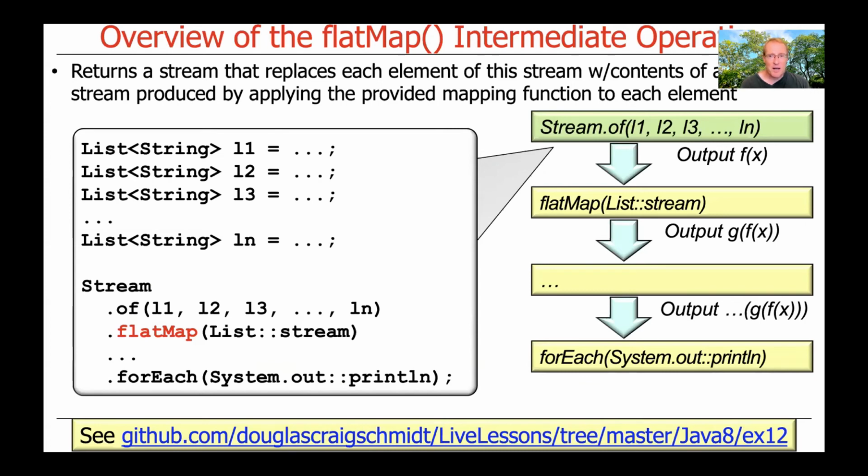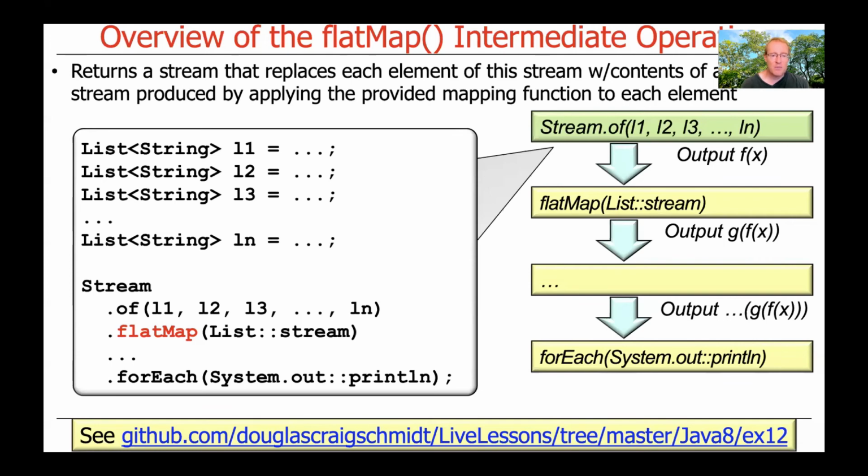Here's a very simple example that illustrates this point. You can find this in my EX12 folder in my GitHub repository. What this does is it bakes a bunch of different lists of strings, and each list of strings has a subset of the character names in Hamlet, just for kicks. And then we made a stream of lists.